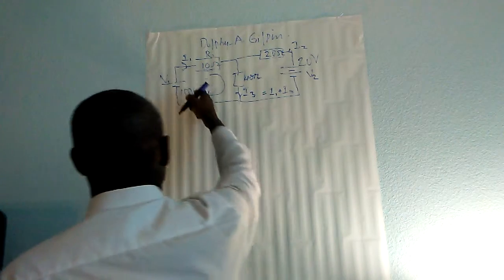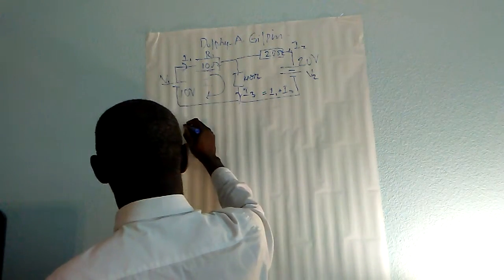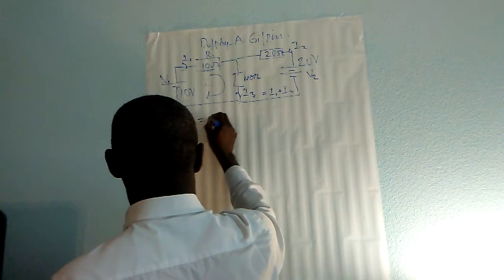All right, and if we use the mesh analysis method now, what we have is that for the 10 volts, V is equal to Ri.